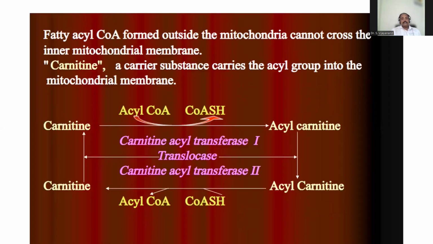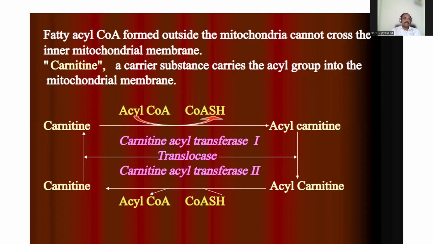Once the fatty acid is converted to fatty acyl CoA outside the mitochondria, it is not able to cross the mitochondrial membrane, because these long chain fatty acids require a transporter. Short chain fatty acids can easily penetrate the mitochondrial membrane, whereas long chain fatty acids require a carrier molecule.